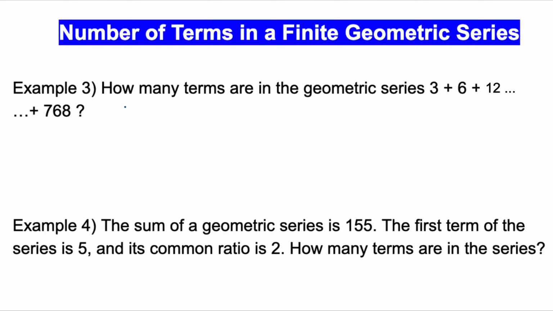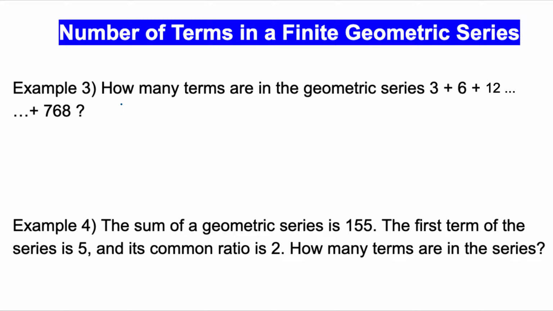But in order for us to solve this problem, we are going to solve for the number of terms using the geometric sequence, because the difference between a geometric sequence and a finite geometric series is that the operations are different, but the number of terms might be the same.